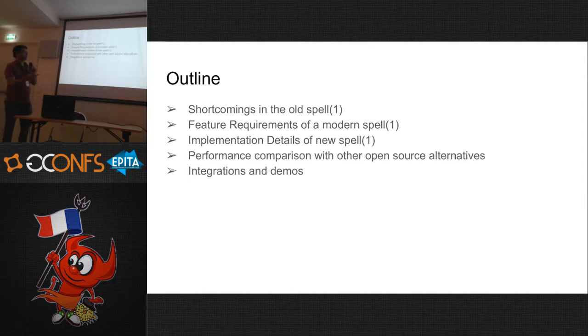Based on the shortcomings, I have come up with a set of features or requirements that a modern spell implementation should have. I'll talk about some implementation details of this project. I'll compare the performance of some of the major spell implementations with this implementation, and I'll show one small demo of integration with other shell utilities, of how to use spell check.